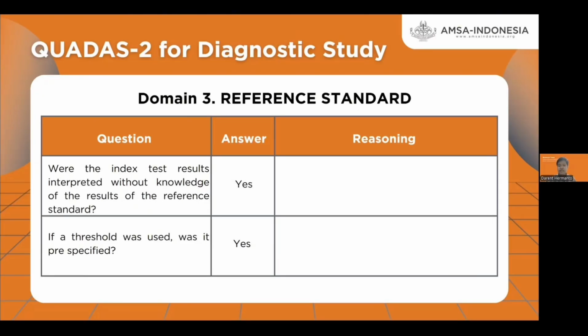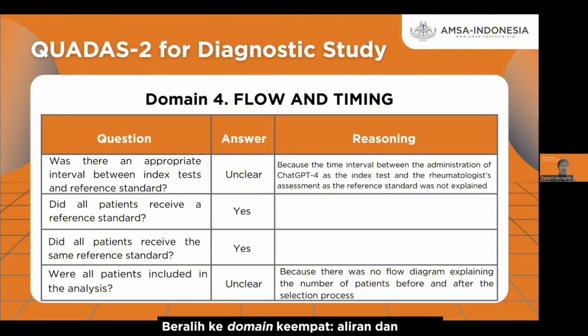Move on to the fourth domain, flow and timing, which looks at the progress of patients through the study. We found the interval between the index test and the reference standard to be unclear.